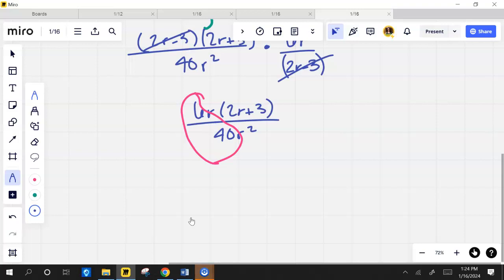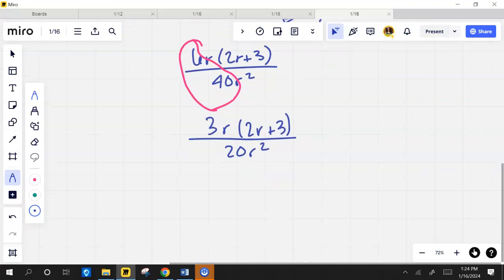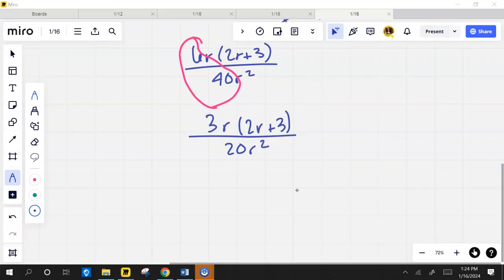You already factored it, so to FOIL it out would go backwards. 6 over 40 reduces to 3 over 20. You can also cancel an R out. There's one R up top, 2 R's in the bottom, so I can take one of those away. So simplified.